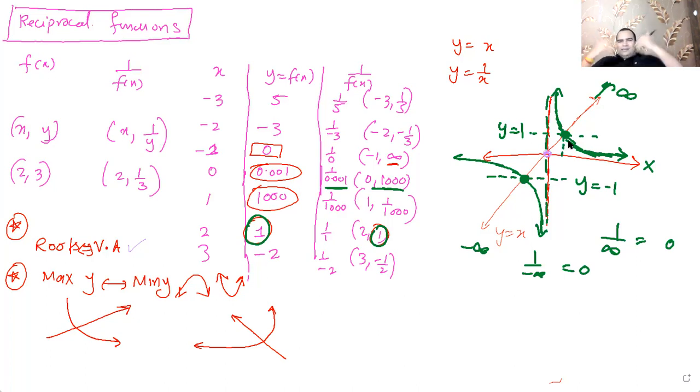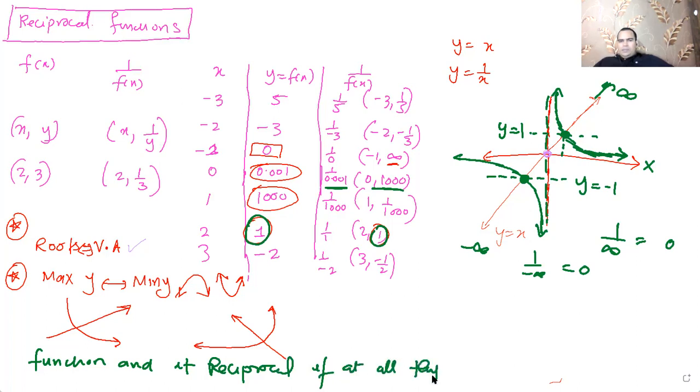From here, we can take out one very interesting fact: if a function and its reciprocal intersect, they will do so along the y equals to 1 line or the y equals to minus 1 line. You can see that the function and its reciprocal here are cutting each other at y equals to 1 and y equals to minus 1 line.